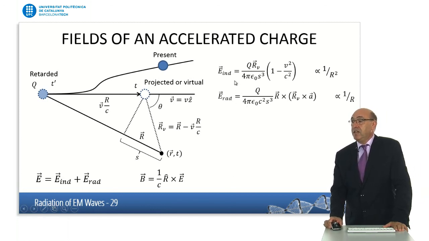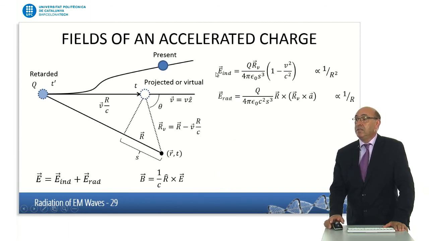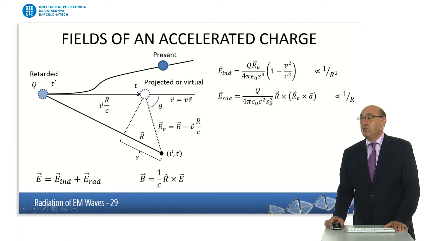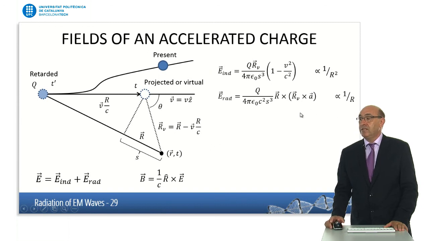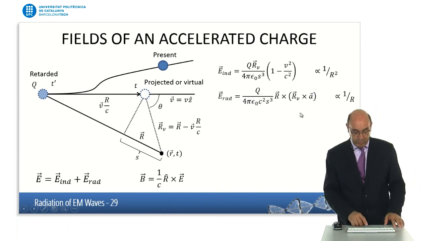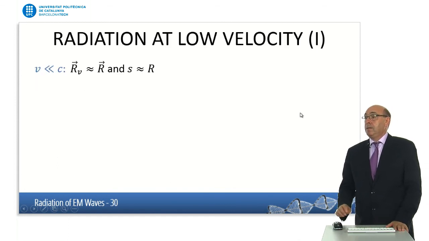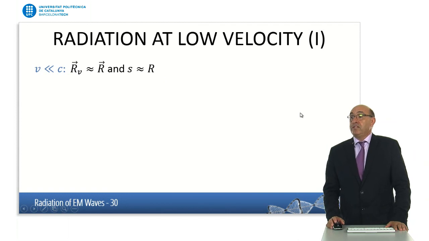And in this case, these are the fields that one may in some way detect in a short range of the charge, and those are the faraway fields. Those are the ones that we can see in the propagation of electromagnetic waves. Two cases.